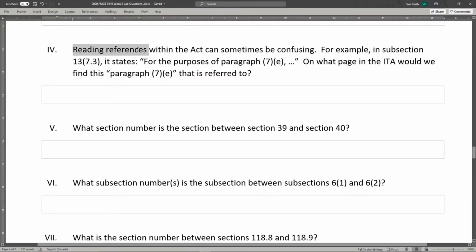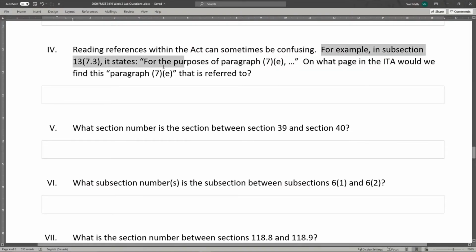Let's look at it one more time, just to make sure we understand what it says. It says reading references within the Act can sometimes be confusing. Thank you, Captain Obvious. For example, in subsection 13.7.3, it states, for the purposes of paragraph 7e.